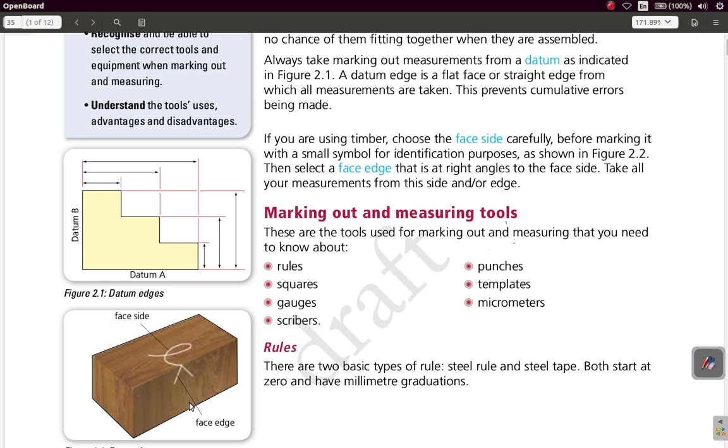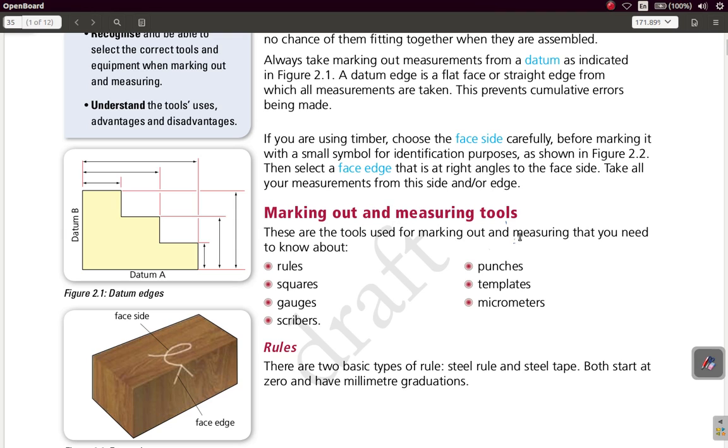So this face side. Then select a face edge that is at right angles to the face side. Take all your measurement from this side and or edge.